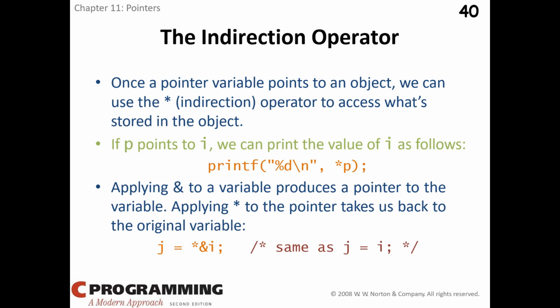In this example, the &i produces a pointer to the variable I, and then the asterisk dereferences this pointer, resulting in the value of I. Therefore, the statement j = *&i is equivalent to j = i. Understanding how to use this operator allows us to access and manipulate the data indirectly through the pointers in C programming.